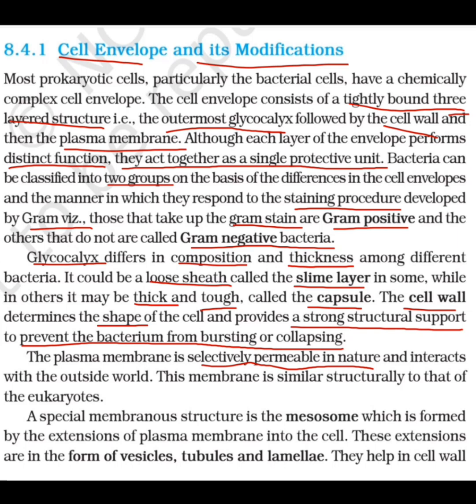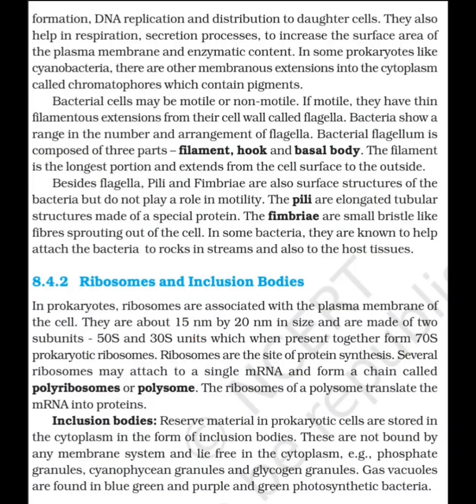This membrane is similar structurally to that of eukaryotes. A special membranous structure is the mesosome, which is formed by the extension of the plasma membrane into the cell. These extensions are in the form of vesicles, tubules and lamellae. They help in cell wall formation, DNA replication and distribution to the daughter cells.